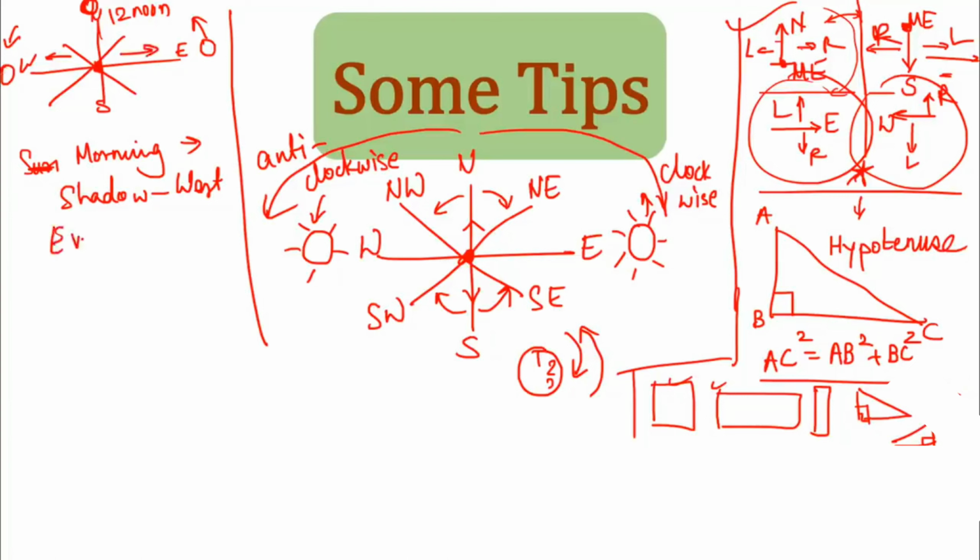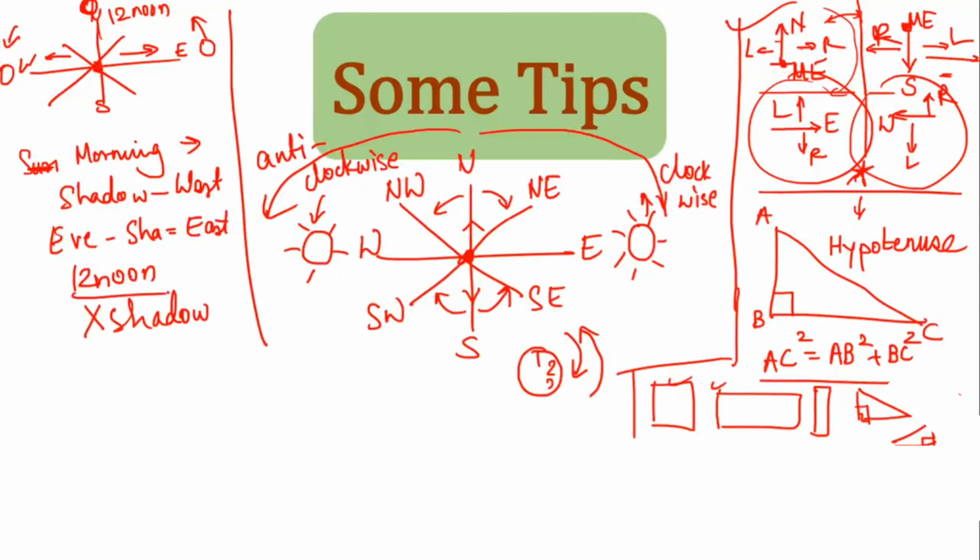What will happen at 12 noon? At 12 noon, there is no shadow. Why? Because the sun is on our head and the shadow falls below our feet, okay? Since the shadow is below our feet, we are not able to see it. So at 12 noon, there is no shadow.